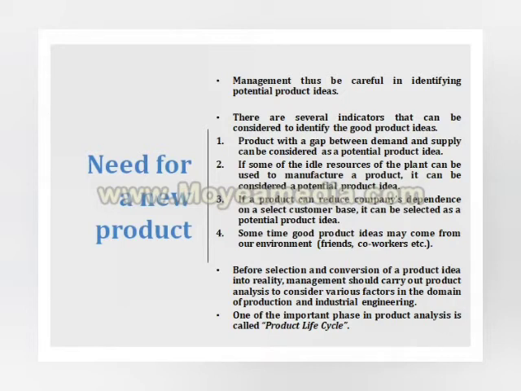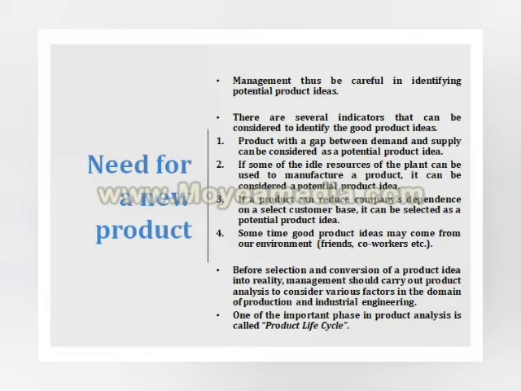So there are several indicators that can be considered to identify good product ideas. Always, a product with a gap between demand and supply can be considered a potential product area, which is actually the change in market. Then it can be a change in technology, or an increase in competition. You can utilize the idle resources of the plant for manufacturing a product.